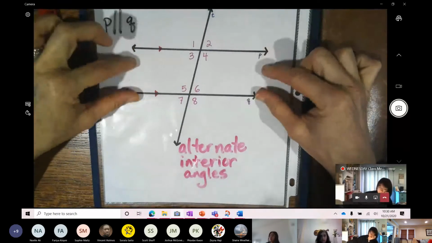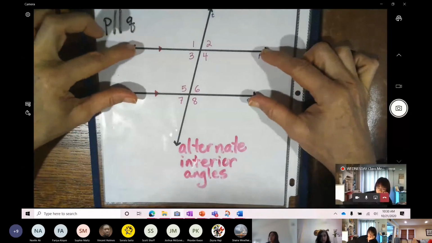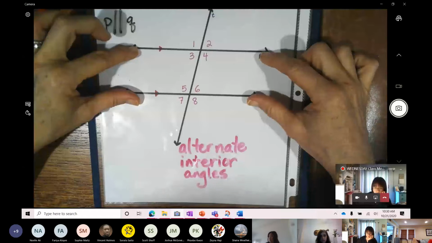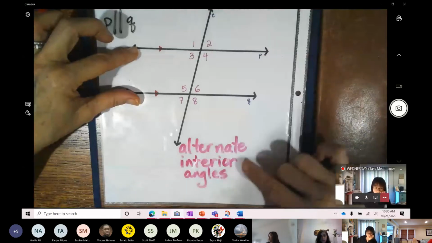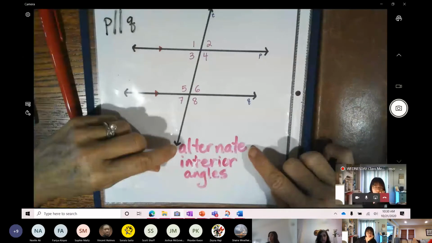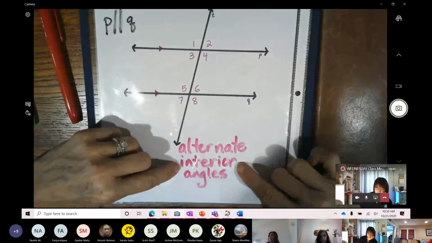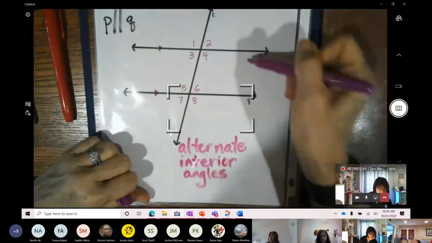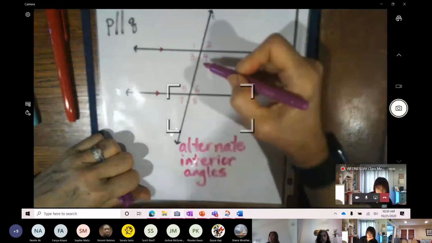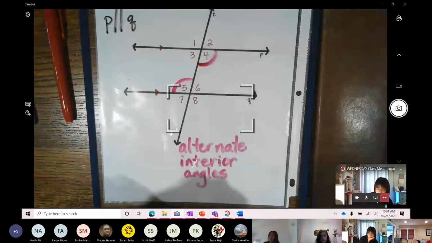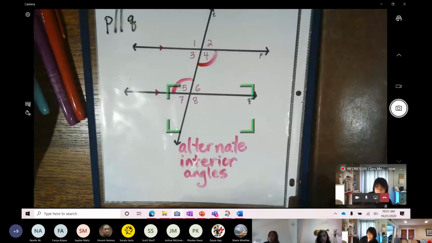And you could move them, and in between the two chopsticks, or the two pencils, or whatever you want to pretend they are, is interior. It's inside. So alternate interior means opposite sides of the transversal, but inside these two parallel lines. So 4 and 5 are alternate interior angles.